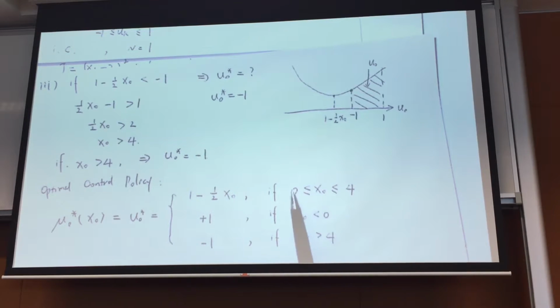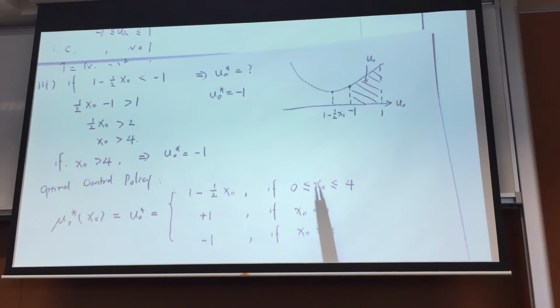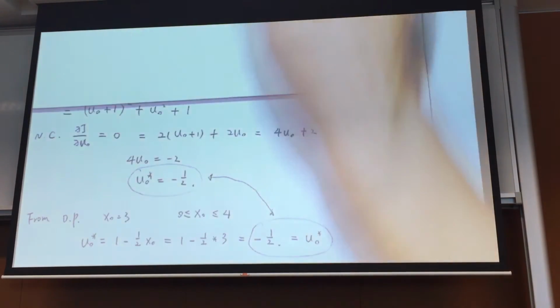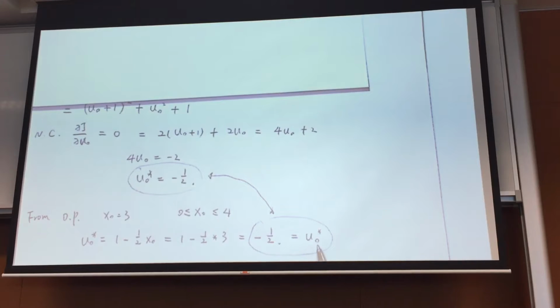So x0 is between 0 and 4, because it equals 3. So it's just given by this solution. We calculate this solution and get u0 equal to minus half.